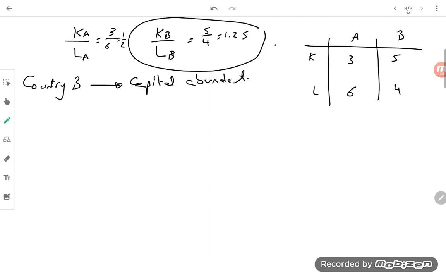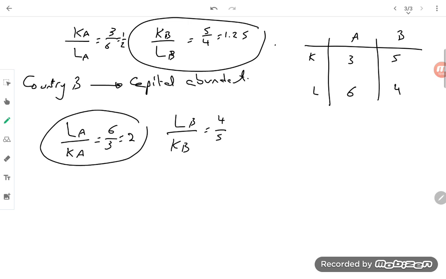And we are going to do the same with respect to labor. We compare the labor capital ratio in country A to the labor capital ratio in country B. So it will be 6/3, which is 2, and 4/5. So country A has more labor. So country A is labor abundant.